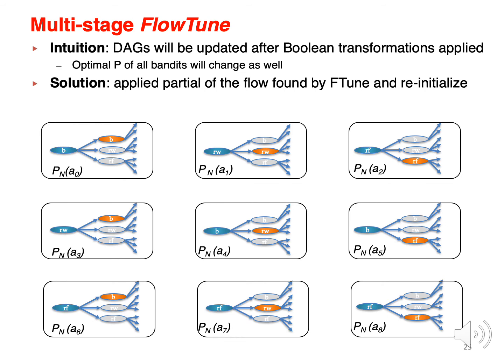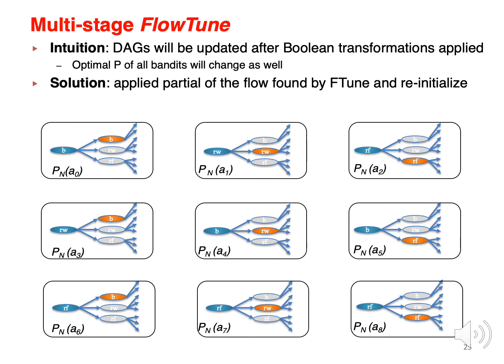We discussed how design structure can affect the choice of flows using the AES versus ALU example, right? Based on that, we developed a multi-stage Flowtune to further improve the performance. The main reason is that DAGs will be updated after Boolean transformations are applied. So the optimum P distribution will change after you apply those transformations, because the design changed.